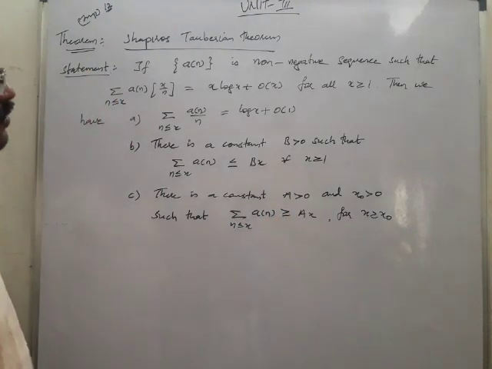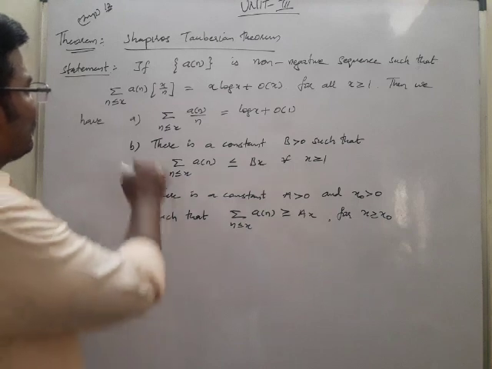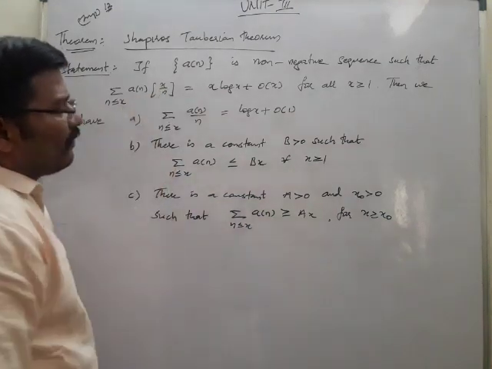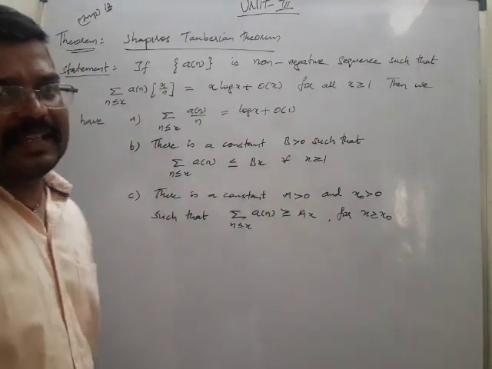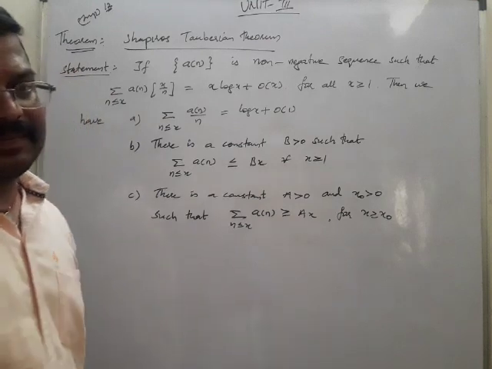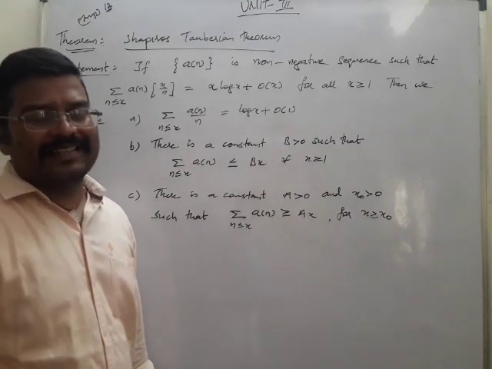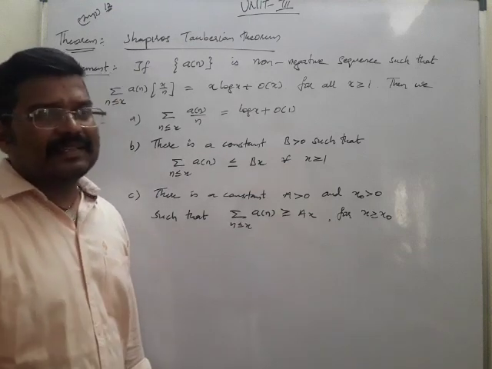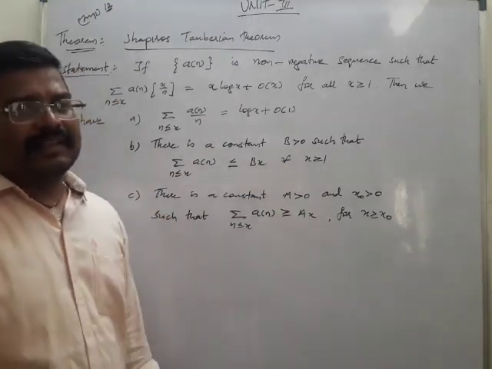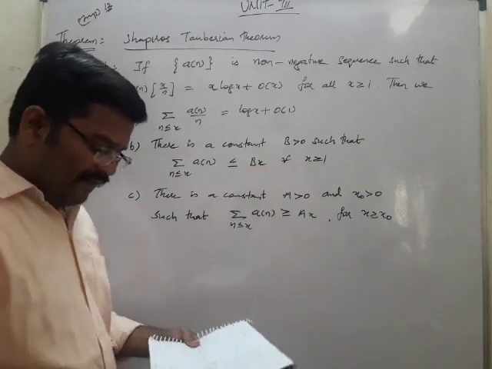First we'll try to assume the value of the summation of a of n times x by n in the form of t of x and s of x. S of x will take a function, and t of x is a Tauberian function, also we can call it, or t of x will take two functions, and we'll try to solve the inequalities in the form of like this.